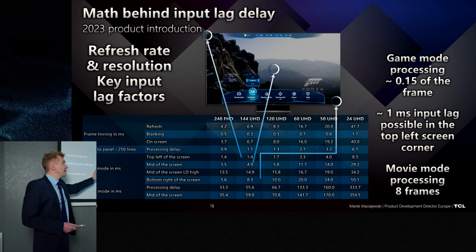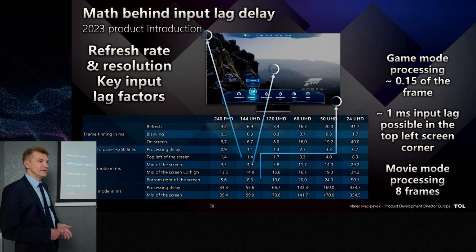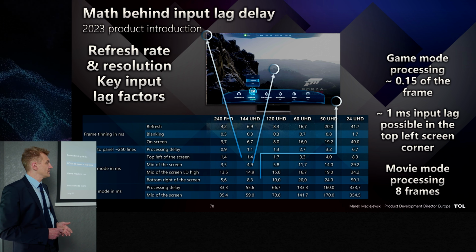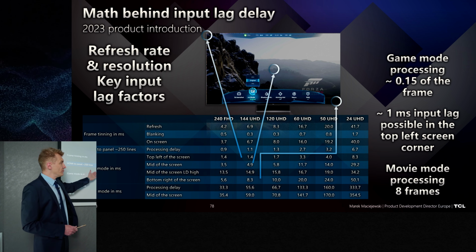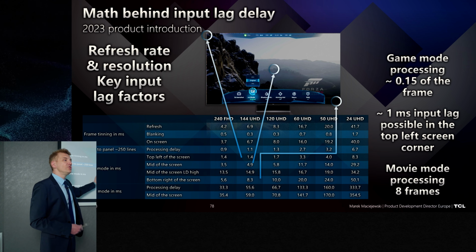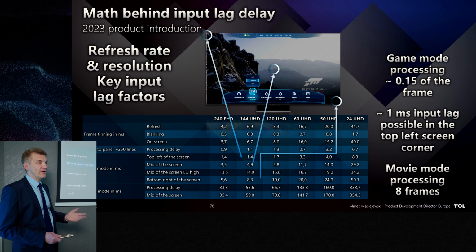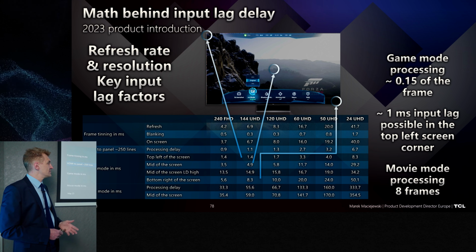That's why in many cases you can have 1 millisecond input lag, but it is in the top left corner for some specific cases. Then we have the middle of the screen, the area where you usually measure. So that's why in a European way we talk about 5 milliseconds or 5 point something.